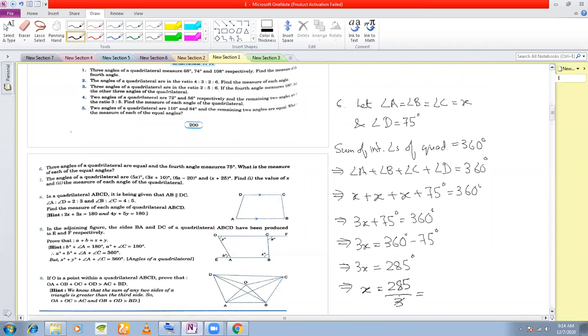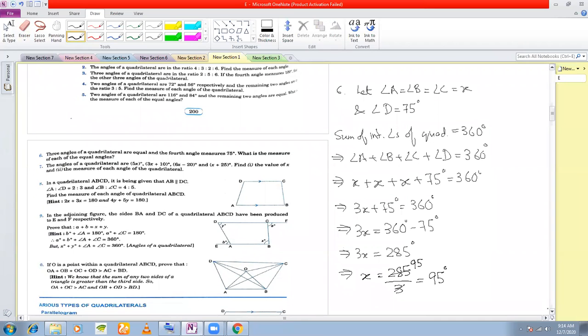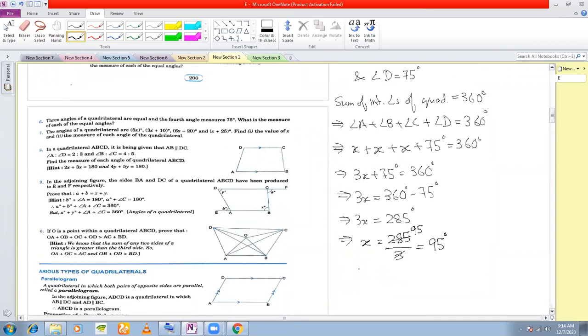If now you cancel, you're getting x is equal to 95 degrees. So what is the measure of each of the equal angles? Hence, angle A is equal to angle B is equal to angle C is equal to 95 degrees. That's it. Okay, so simple enough.